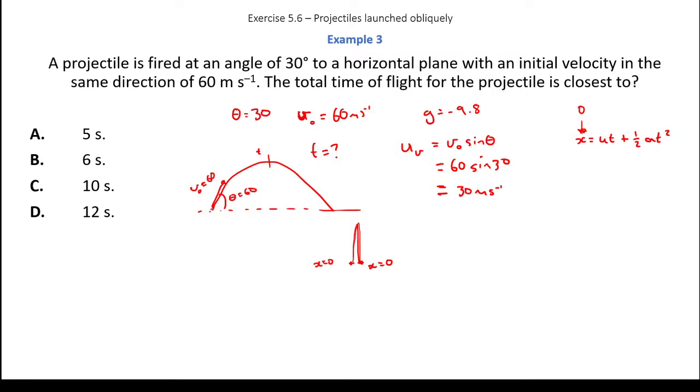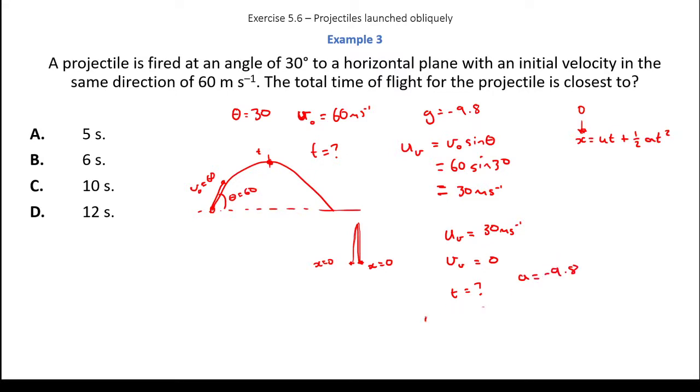I suggest we go from the initial point up to halfway, because at that point we have the initial velocity we found to be 30. Our final velocity is 0 in the vertical component at the top. t equals question mark, and a equals negative 9.8.